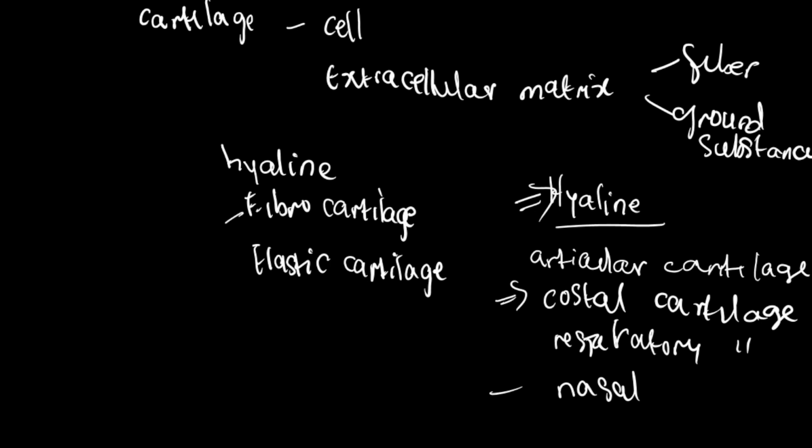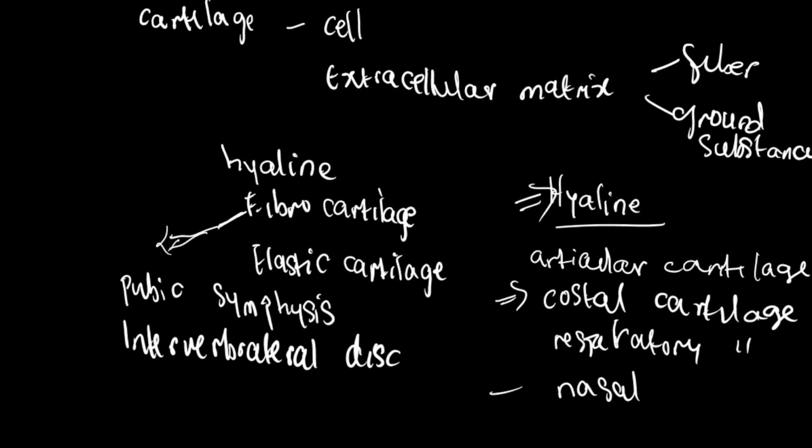Next, we have the fibrocartilage. The fibrocartilage is found in places where compression and tensile strength is needed. So we have them at the pubic symphysis, and they also form part of the intervertebral discs of the vertebral bone. Next, of course, we have the elastic cartilage.